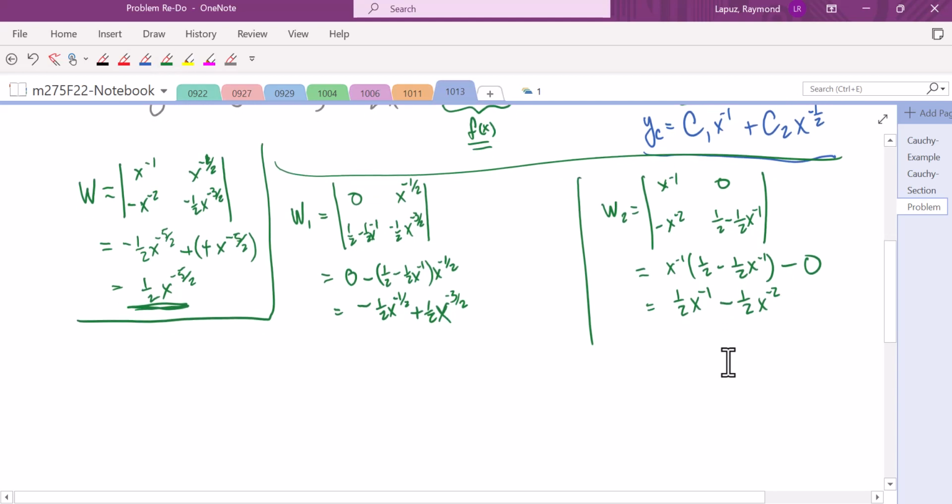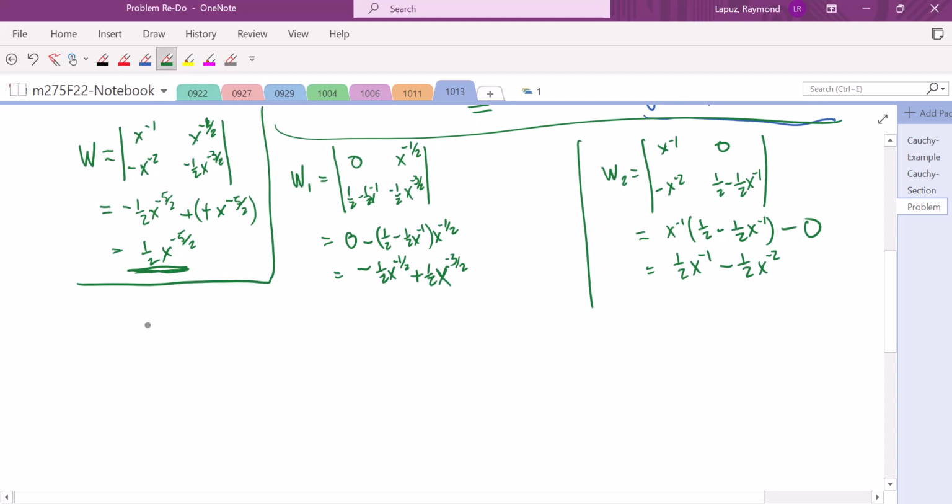All right, now we will take each of these and divide it by W. Our u1 prime would be obtained by taking W1 over W, and W1 we found to be a negative 1/2 x to the negative 1/2 plus 1/2 x to the negative 3/2, and we are dividing that by 1/2 x to the negative 5/2.